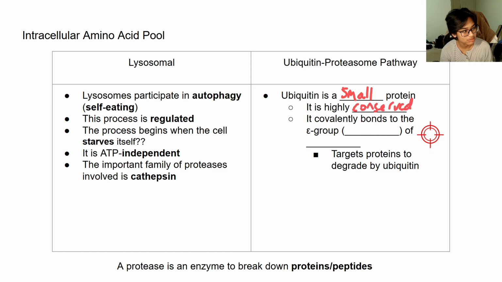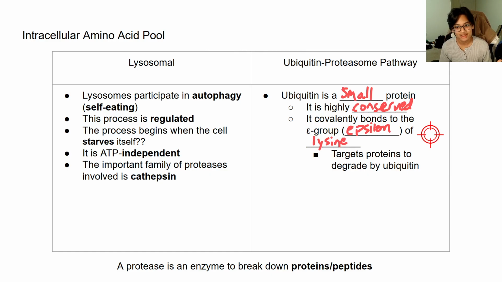I don't know what that means either, but that's what he wrote down in his slide. So just write it down again so you remember. And it covalently bonds to the epsilon group of lysine.